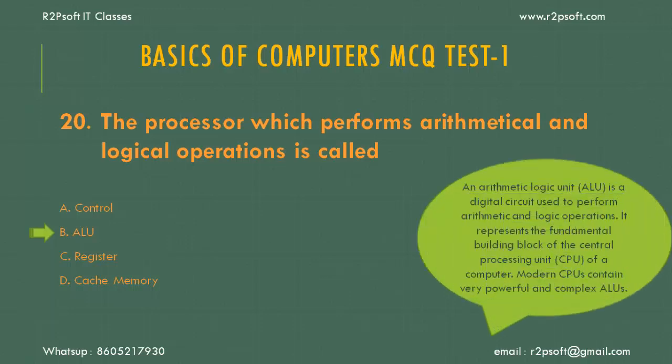Friends, an arithmetic logic unit, ALU, is a digital circuit used to perform arithmetic and logic operations. It represents the fundamental building block of the central processing unit of a computer. Modern CPUs contain very powerful and complex ALUs.